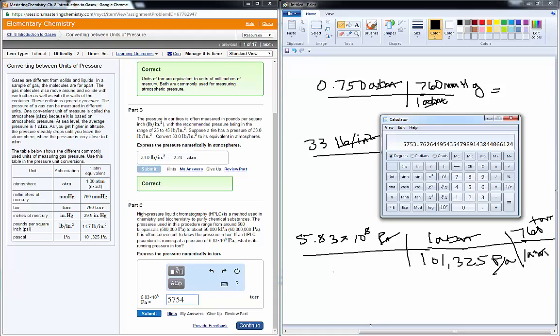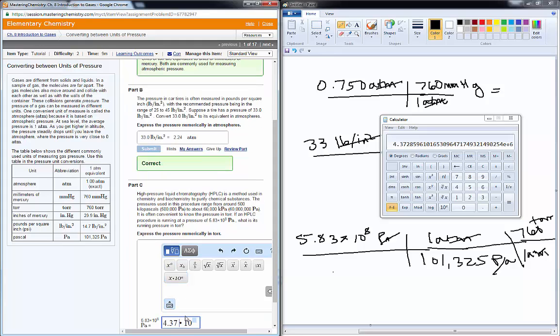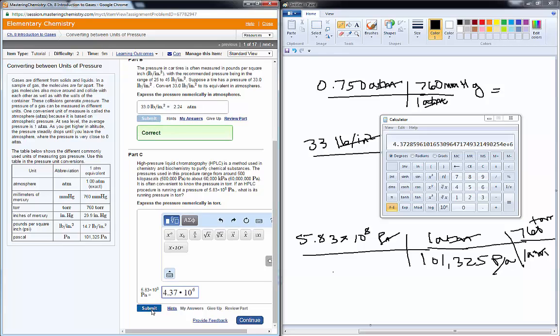And multiply that by 760. Let's convert that to exponent notation. 4.37 times 10 to the 6th torr. There we are.